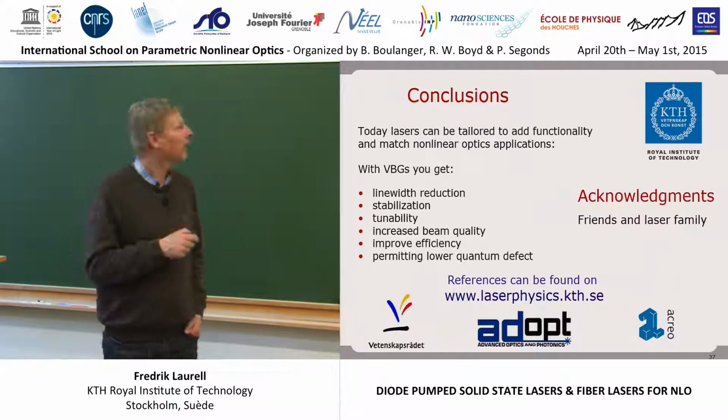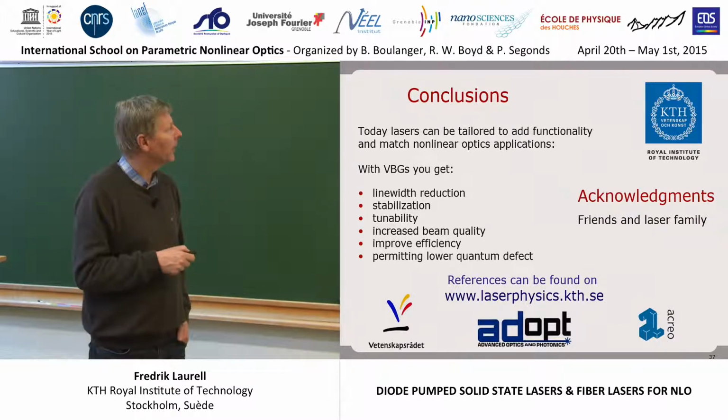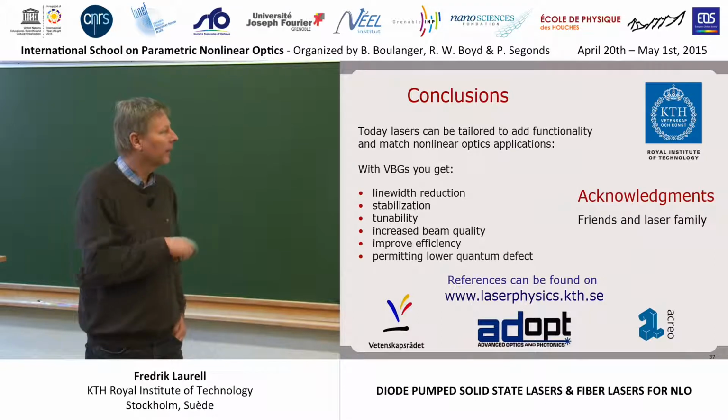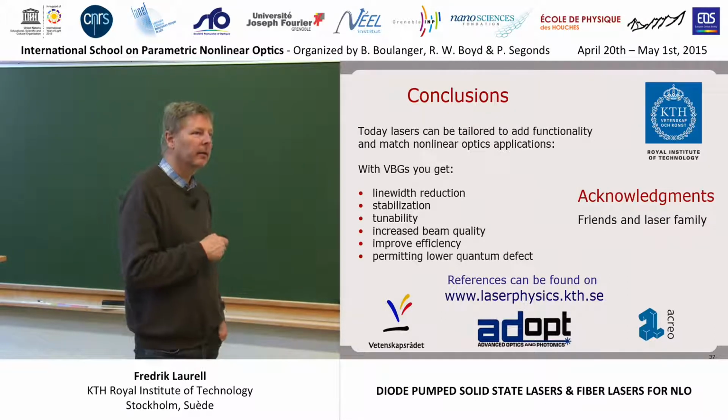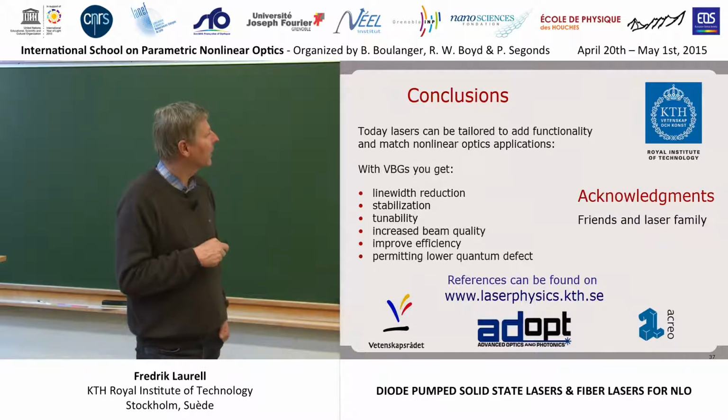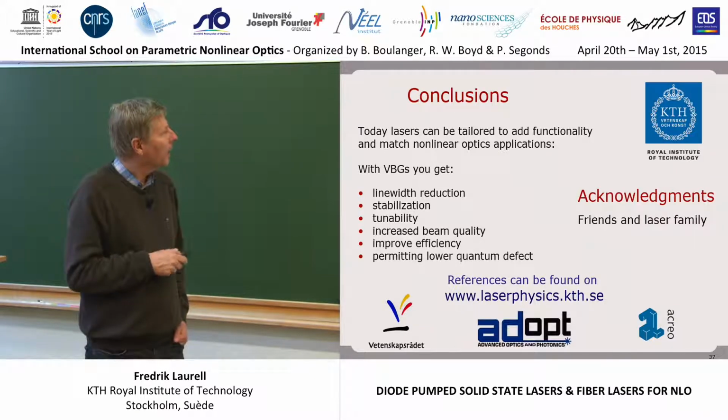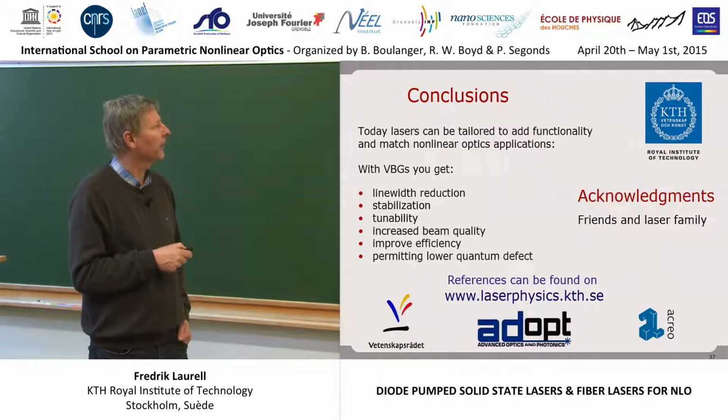So I think I'm reaching the conclusions. I also have something about damage, but maybe we talk a little bit about what you can do with lasers and nonlinear optics instead. So we tailor the lasers. If we cannot tailor the nonlinear materials, we have to tailor the laser to get the functionality we want, and of course for the process we are after.